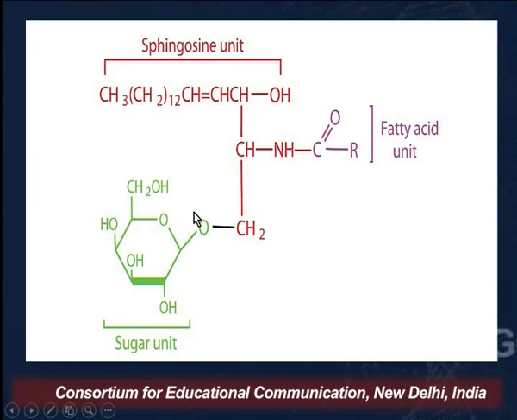And what do we get? We get here a glycosidic bond. So this is the simplest structure of a glycolipid. This structure here, please remember, is going to be the same in all glycolipids. What is going to change? The change will come here.